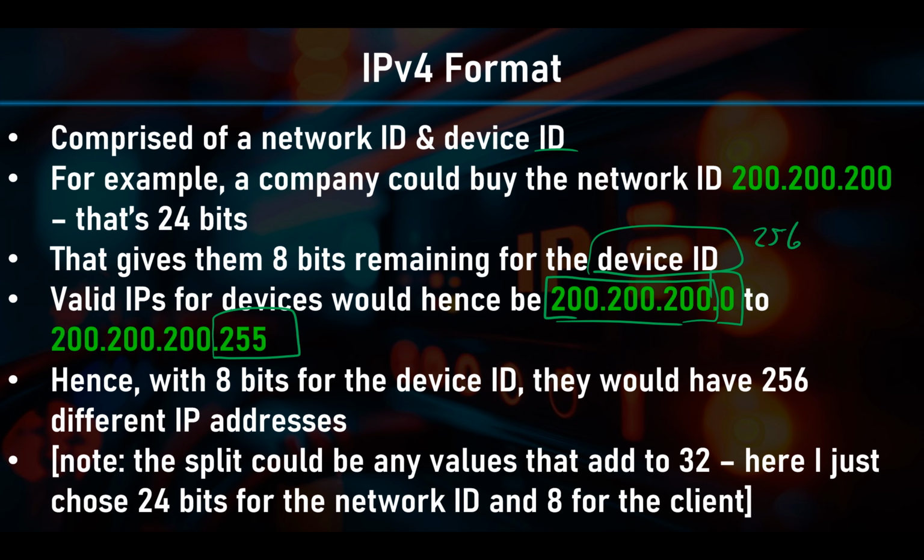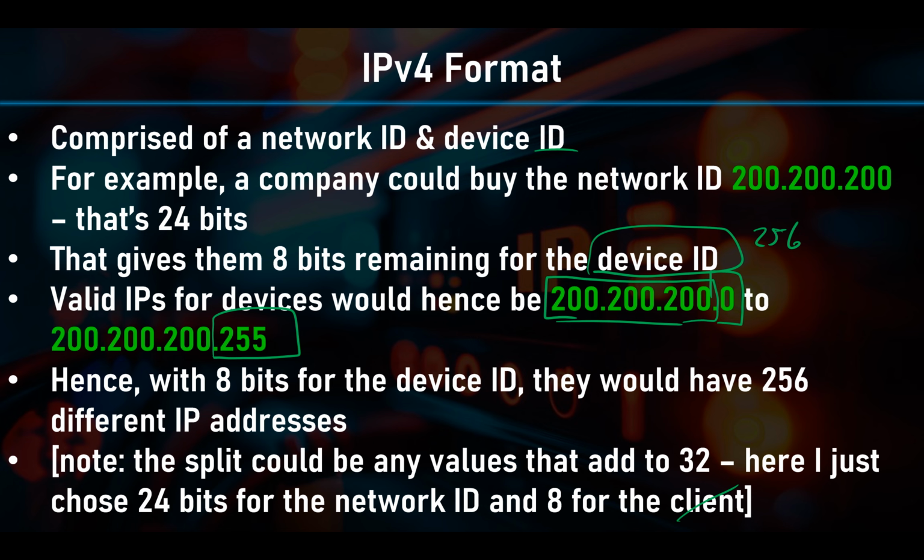This is if we're using CIDR, classless inter-domain routing, or now subnetting, which is the more modern version. The split could be any values that add up to 32. Here I just chose 24 bits for the network ID and 8 bits for the host ID, the device ID.